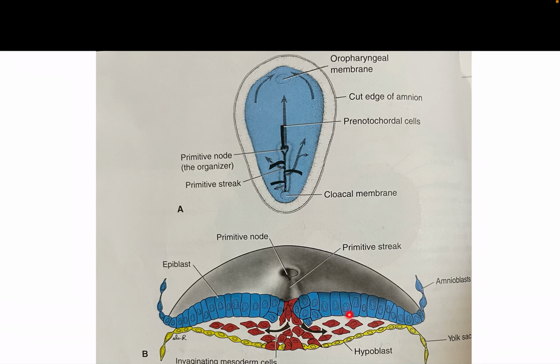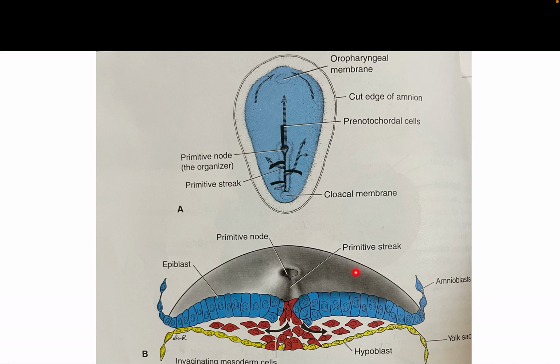When they pass downward, they displace this epiblast layer from the hypoblast. So the hypoblast layer is separated from the epiblast, and this space is created because of the migration of these cells from the primitive streak.